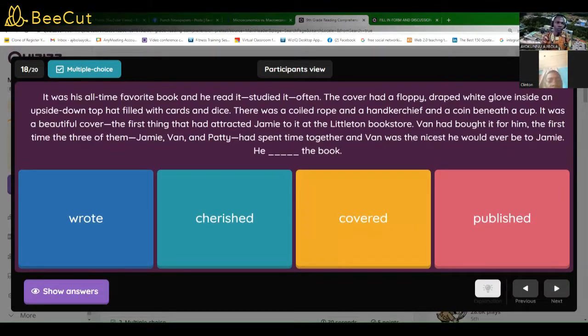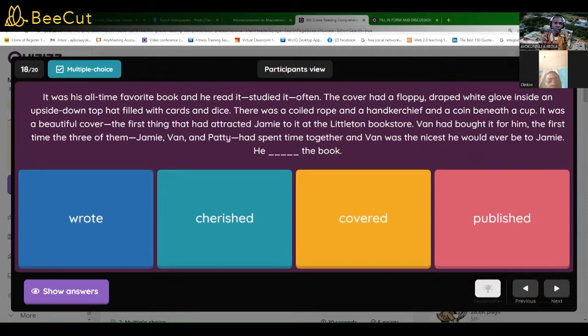Okay, it was his all-time favorite book and he read it, studied it often. The cover had a floppy, draped white glove inside an upside-down top hat filled with cards and dice. There was a cord, a rope, a handkerchief, and a coin beneath the cover. It was a beautiful cover.